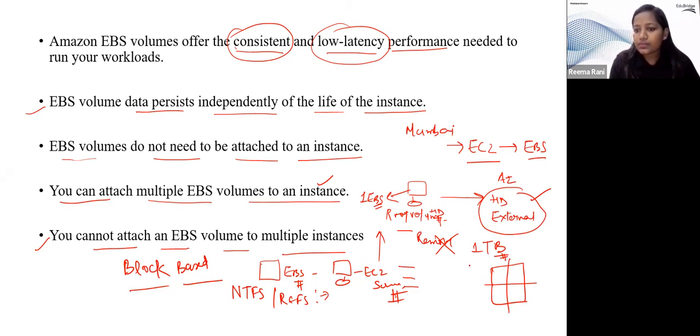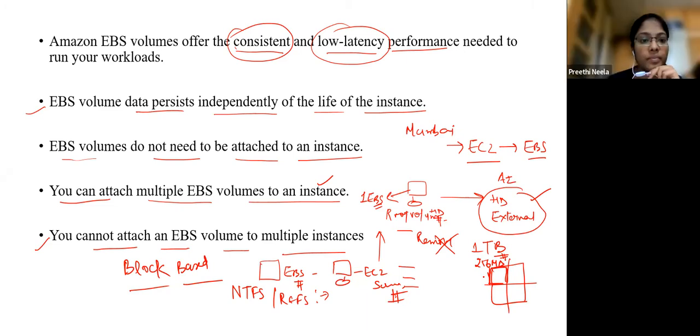Okay, so here the data will be stored in small blocks of 256 megabytes. Okay, so this is how it works. Understood? Yes, ma'am. Shall we move ahead? Yes, ma'am.